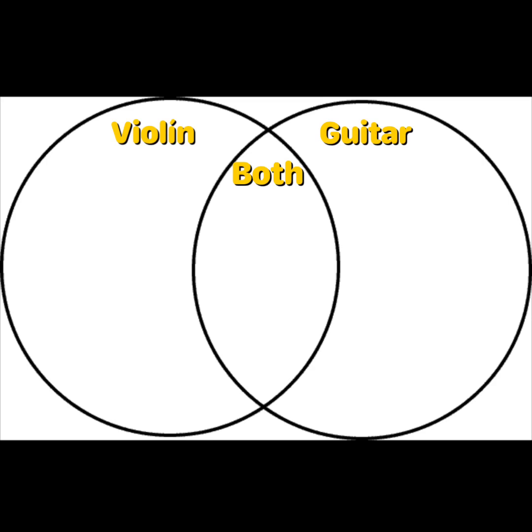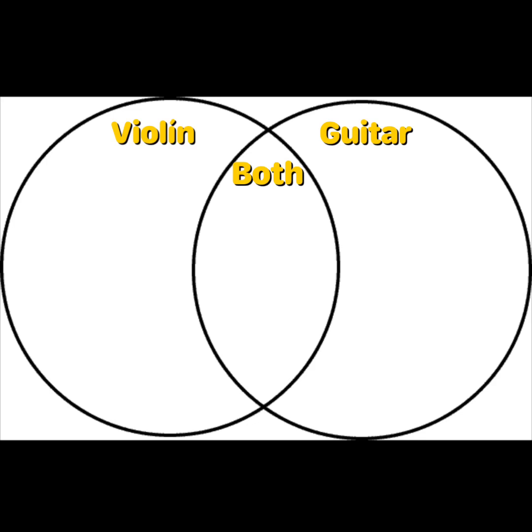Now, after reading the paragraphs of contrast, I want you to use this Venn diagram to organize information for your writing. You're going to draw this Venn diagram in your copybooks. So, I want you to think about the two styles of music or two musical instruments you're going to write about.